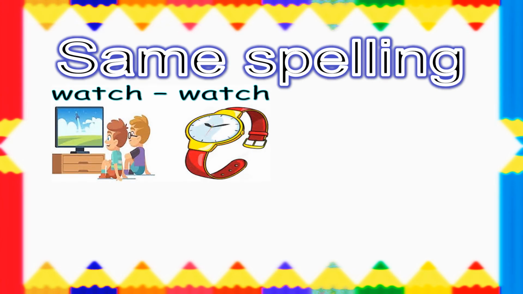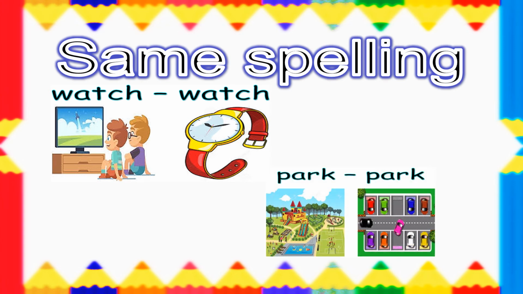If you look at the picture, the first one is two boys watching television. It's the action that they are doing, while the second watch is referring to an object that we wear to show time.